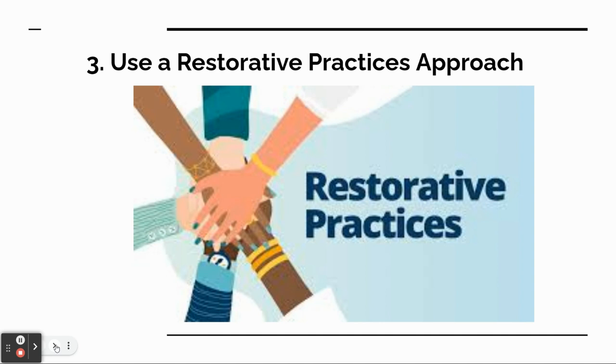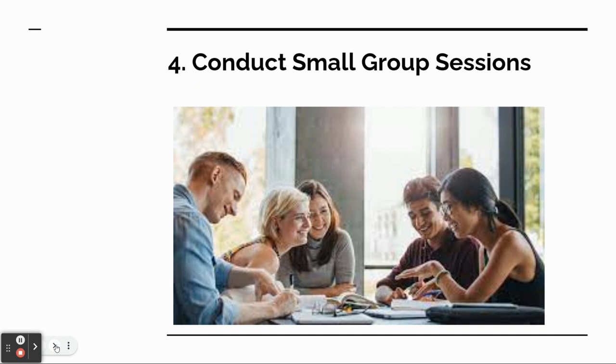Number 4, small group sessions. Just like for any academically rigorous material, some students may need to be pulled aside into a smaller group to allow for additional encouragement, scaffolded instruction, and differentiated instruction.